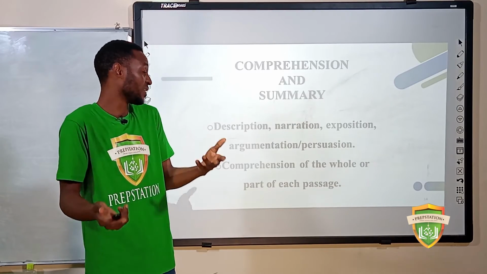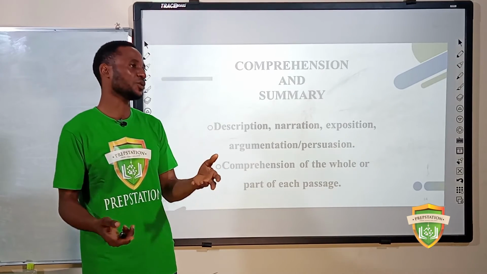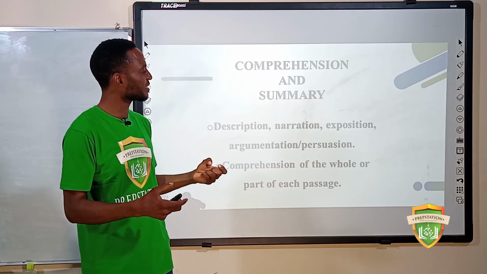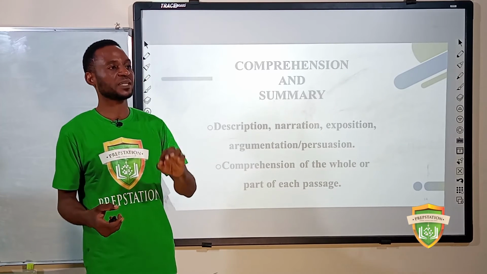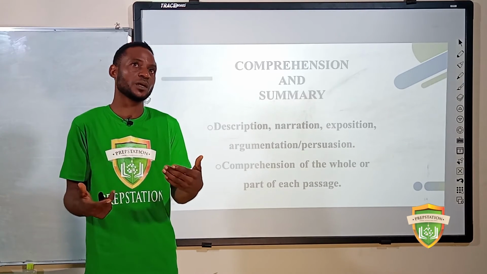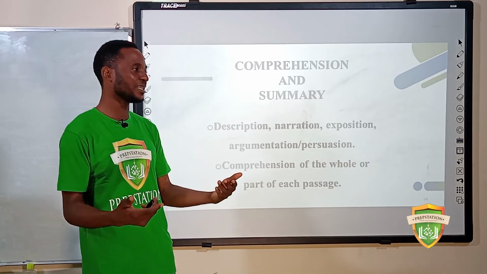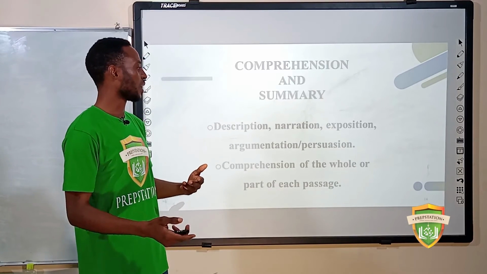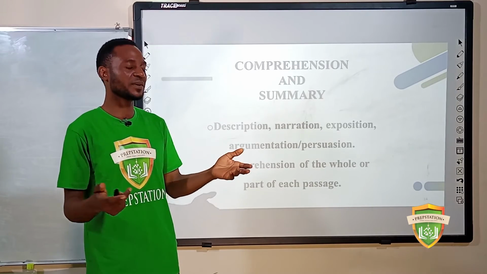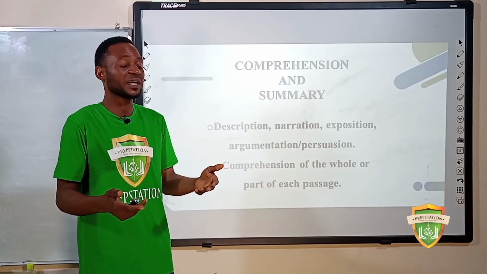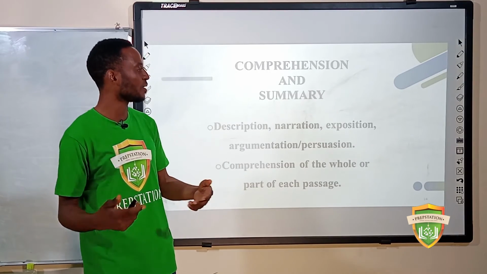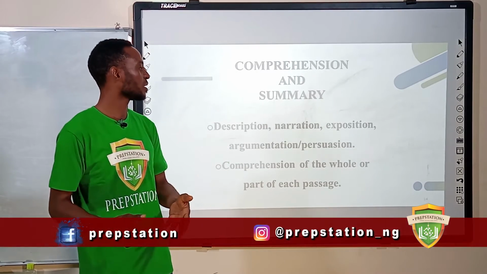So you might be given a passage on this too. So these are some of the areas that you need to really pay attention to. If I were you, I would advise you to start practicing reading a lot of articles across different areas of human endeavor, so that you will be familiar with how some of these things work.